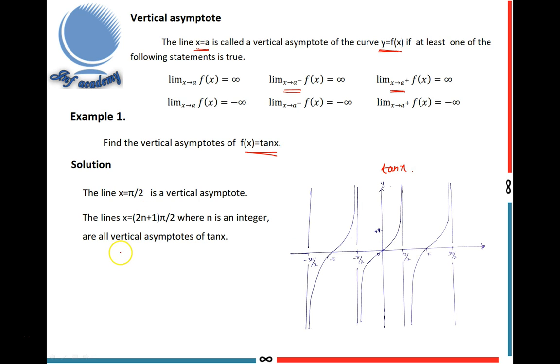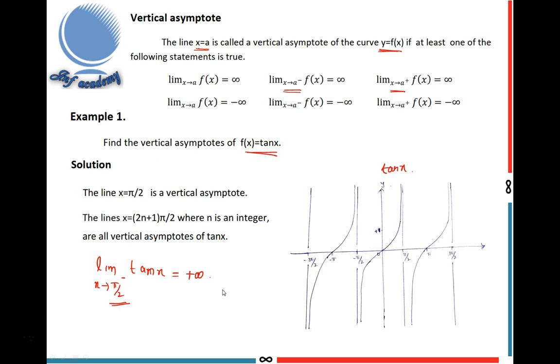Here limit x tends to pi by 2 minus of tan x equal to plus infinity. Pi by 2 minus means the left hand limit at pi by 2, and that value is plus infinity.